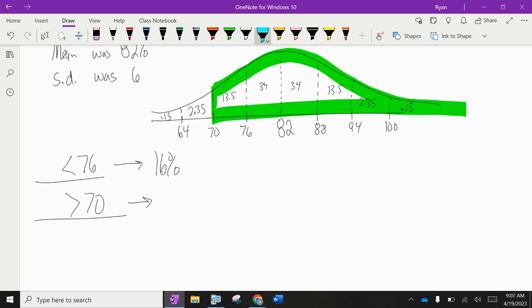I can add all of these green numbers together, or maybe a little shorter.